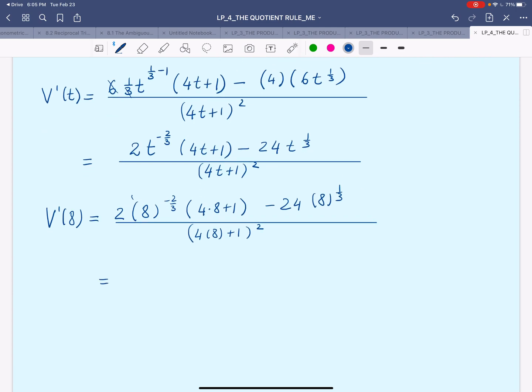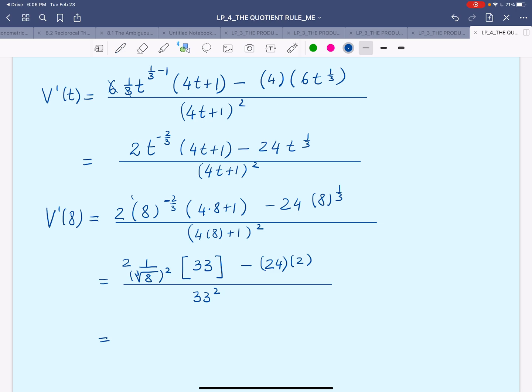So what we get in here is 2 times 1 over the third root of 8, because of the negative, this can go in the denominator, and then squared, multiplied by 32 plus 1, 33, minus 24 times 8 to the power 1 over 3, which is 2. And in the denominator, we'll have 32 plus 1, 33 squared.